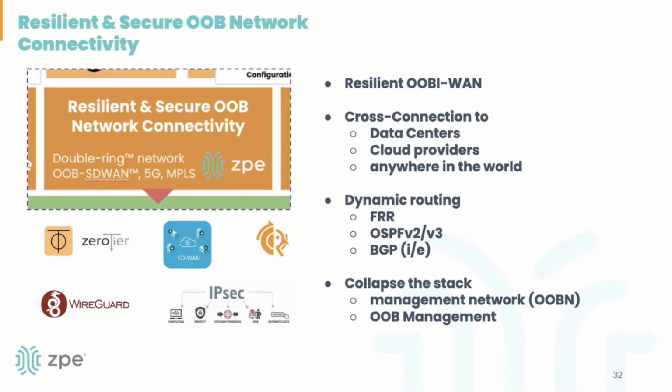The goal here again is to enable you to collapse the stack. Instead of deploying 3 or 4 different devices, which provide maybe LTE, which provide MPLS, and then maybe an additional router behind it to combine all of these connectivities and provide a failover or anything like it, we can combine all of that in a single appliance.